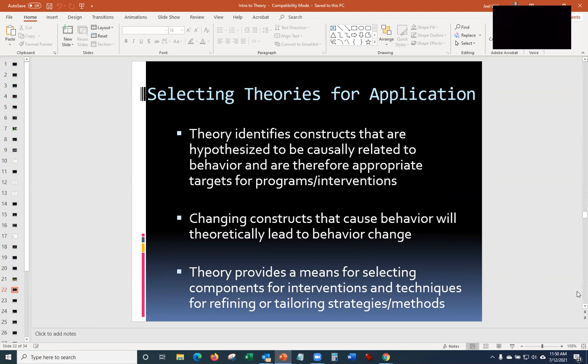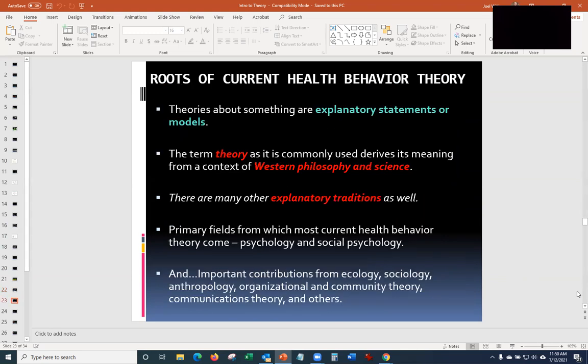If it hasn't been used for that particular behavior, again, then maybe you're plowing some new ground, and it makes sense logically that those constructs would be related to this other behavior or to some other population. And so that may be one of the reasons why you're actually going about doing that research or that programming.